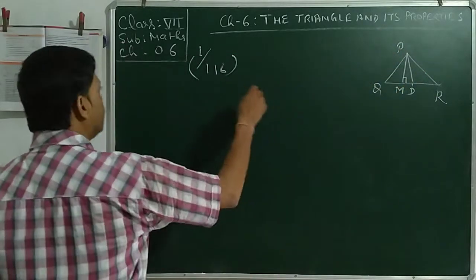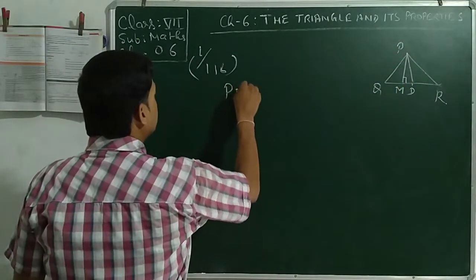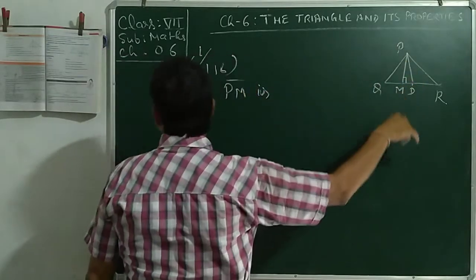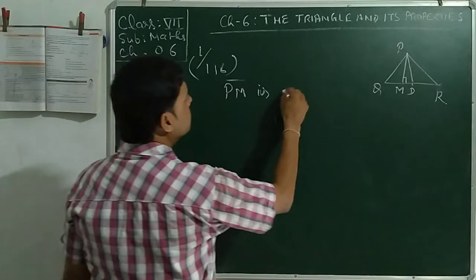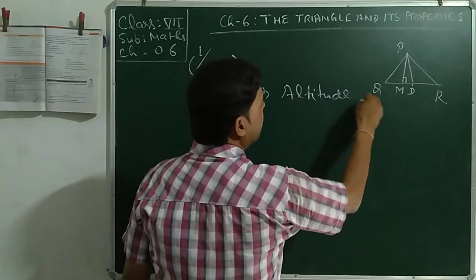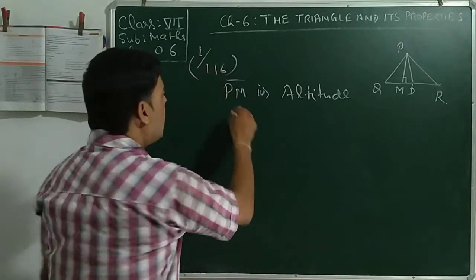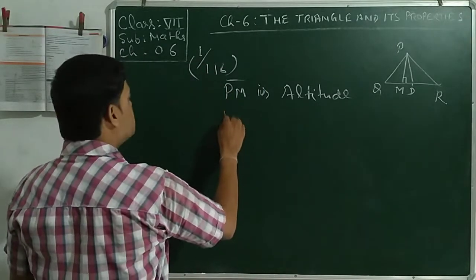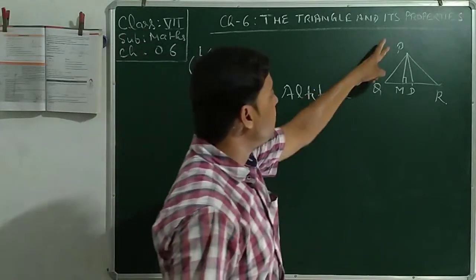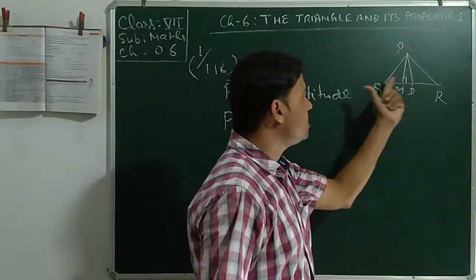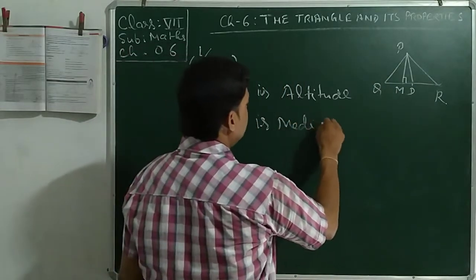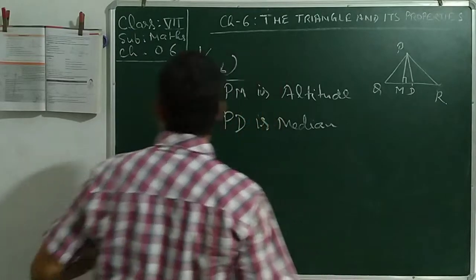Now it is asked here, line segment PM. Clearly PM is the altitude of triangle PQR, you can write here. And the second part is PD. As D is the midpoint, PD is the median of the triangle PQR.